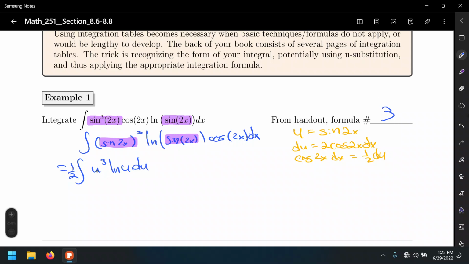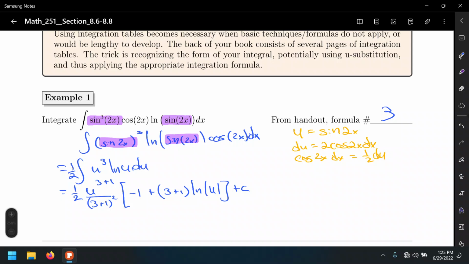Formula 3 tells us that the integral of u cubed ln of u, in this case, will be 1/2 u to the 3 plus 1 over 3 plus 1 squared times -1 plus n, which is 3 plus 1, ln of u, and plus c.